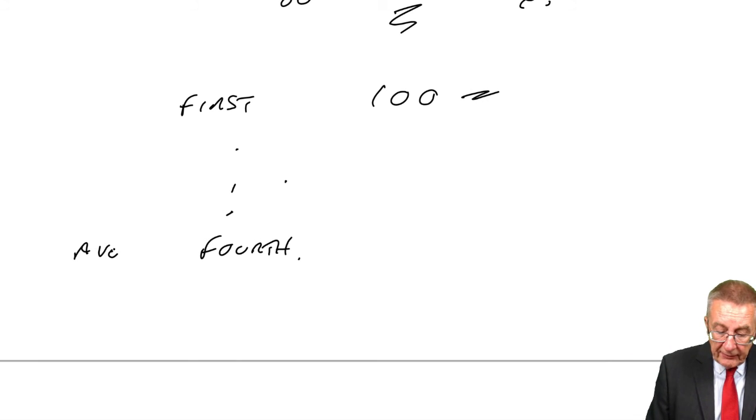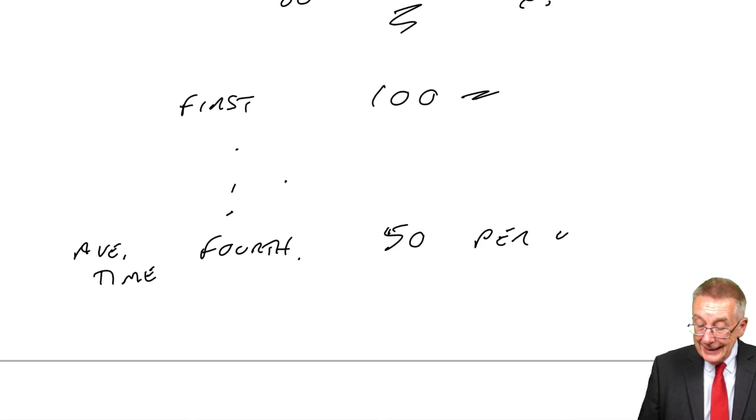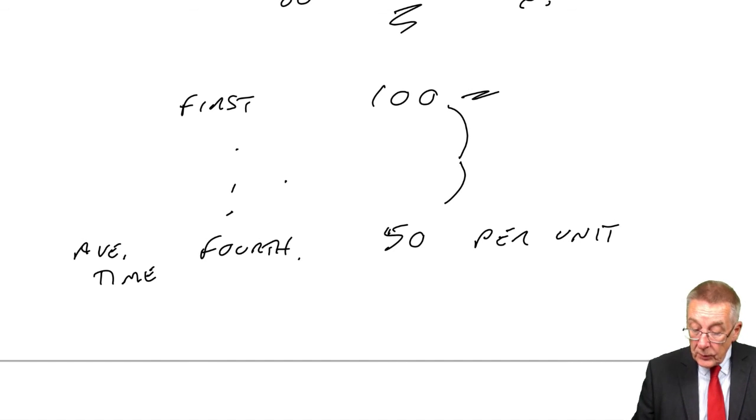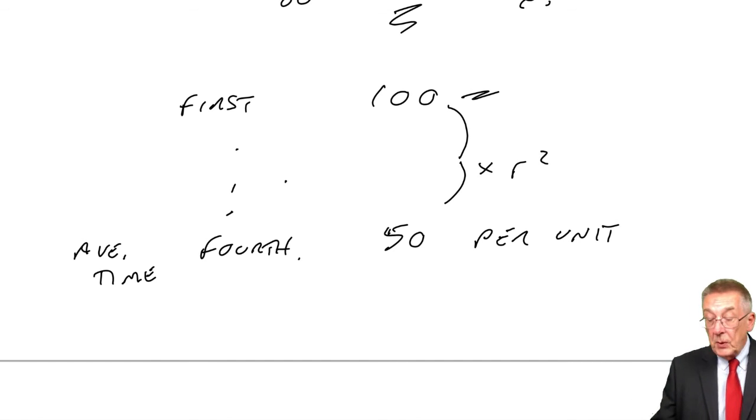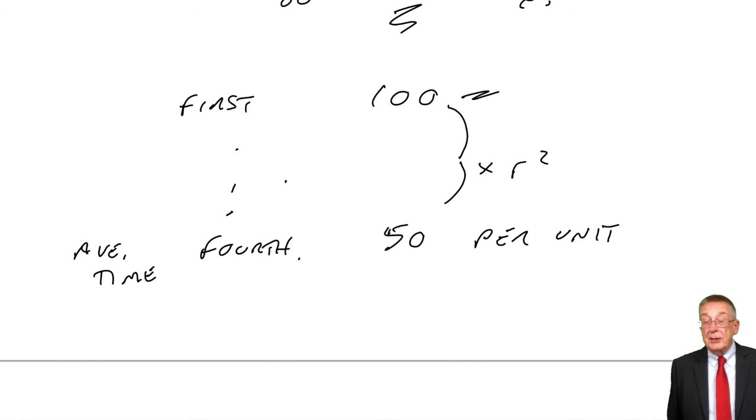The average time, if there were 4, is maybe 50 per unit. But because you're doubling twice, that would give us 2, that would give us 4. You'd be multiplying by r twice, r squared. So r squared would be 50 over 100. And then you take the square root.